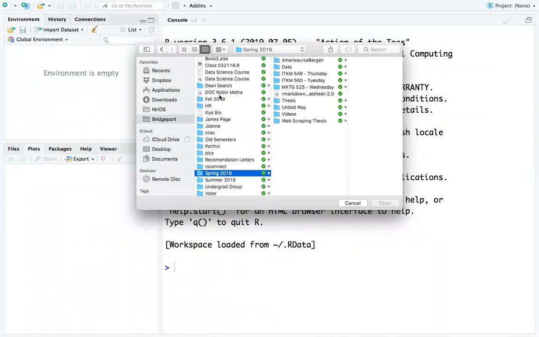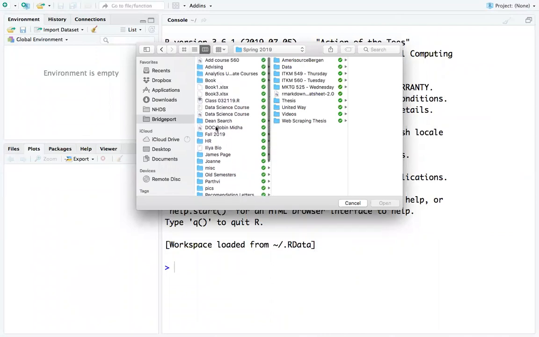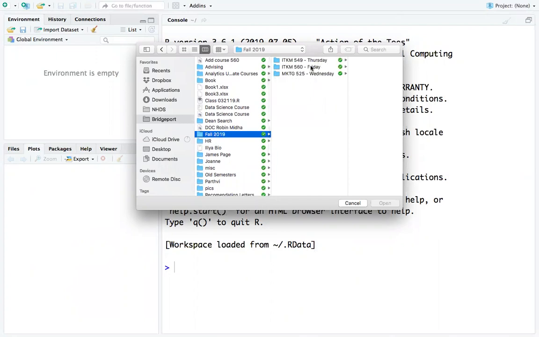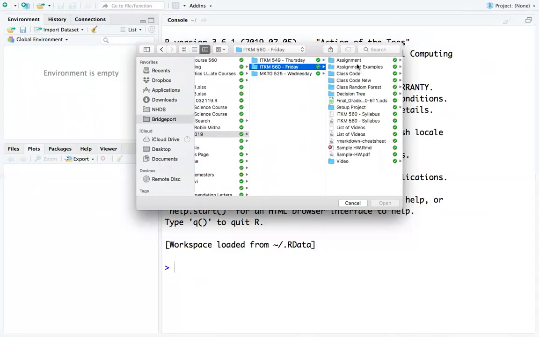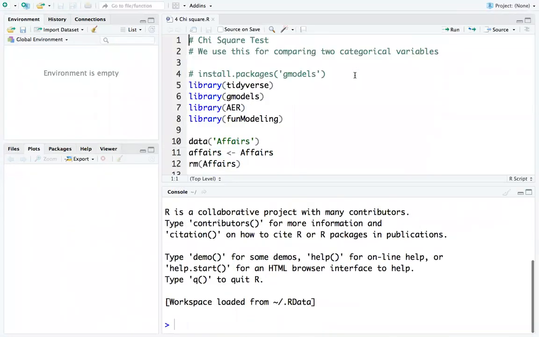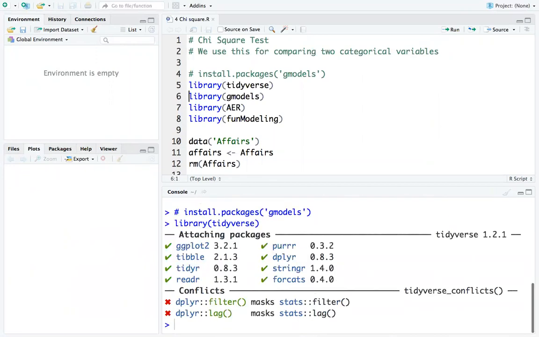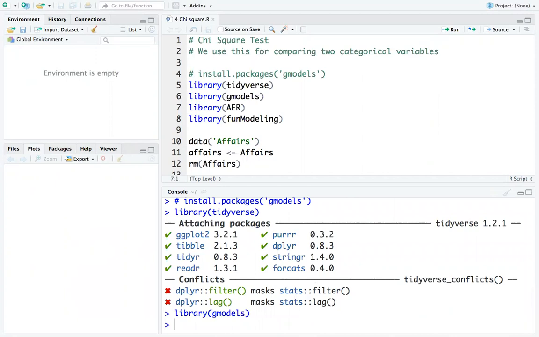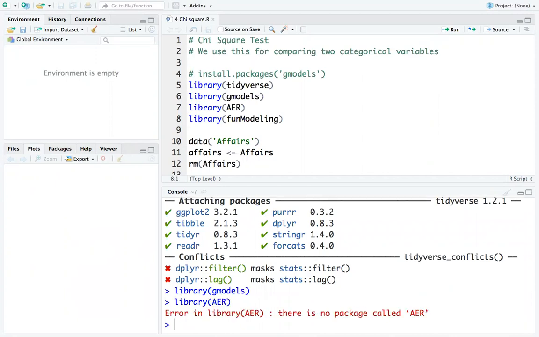And now we're in fall. Okay, so let me load my packages. So for today's class, hold on, I need to install a library.